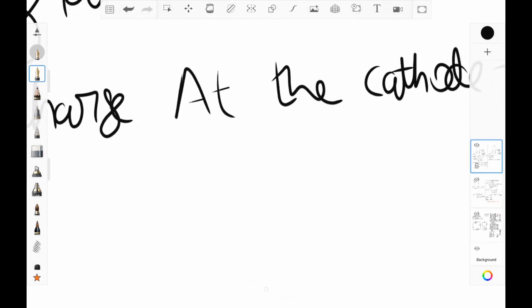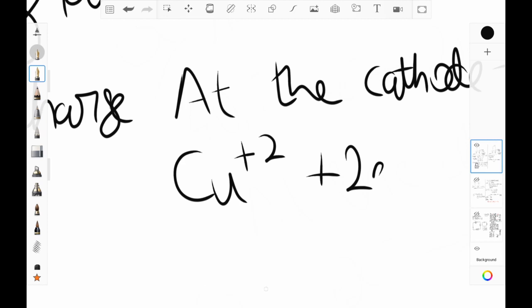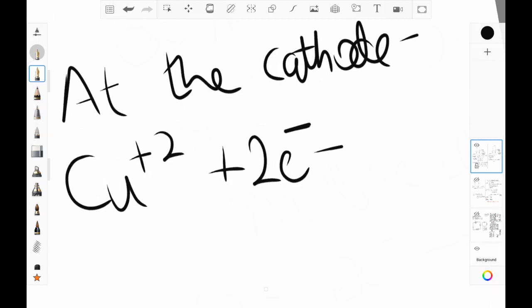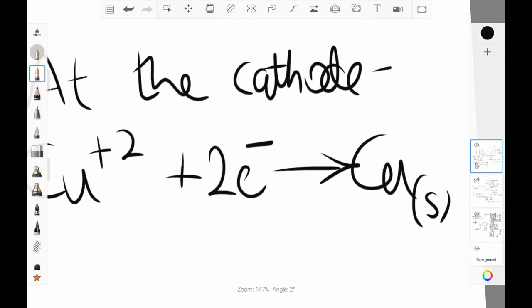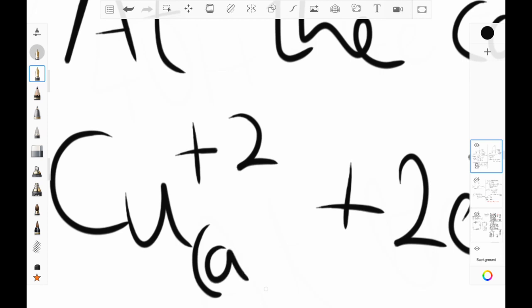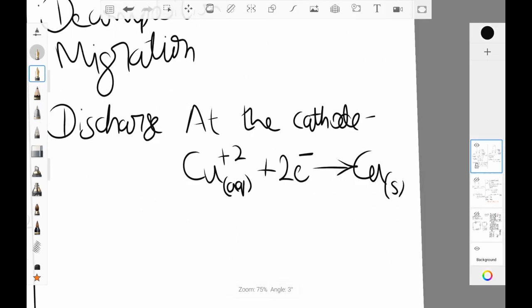So basically you'll have Cu2+ plus 2 electrons forming copper, right? And this copper will be solid. And these ions are suspended in water, so they're aqueous.